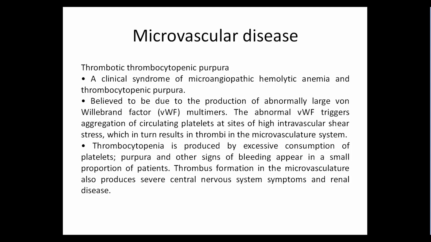Thrombocytopenia is produced by excessive consumption of platelets. Purpura and other signs of bleeding appear in a small proportion of patients. Thrombus formation in the microvasculature also produces severe central nervous system symptoms and renal disease.